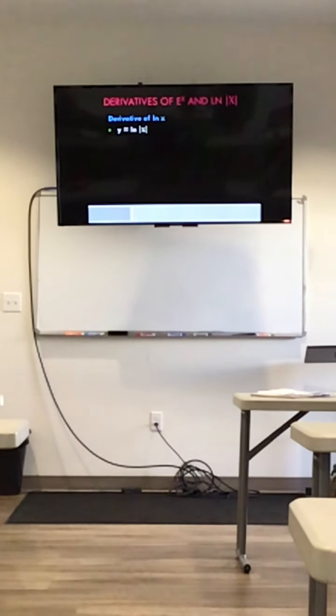But on this question with ln absolute value x, I can use anything that I want to for x. And that's what I want to be the case as we're talking about derivatives. I don't want to just limit myself to I can only use positives, I can only use negatives. It doesn't matter if I put a positive or a negative number in there for that x, because it's going to turn into a positive value when we do our absolute value bar in our question.